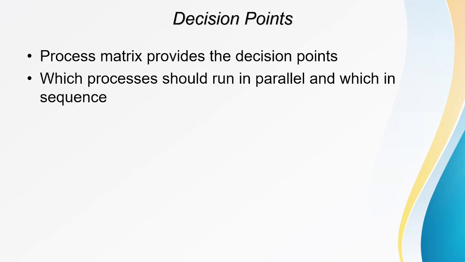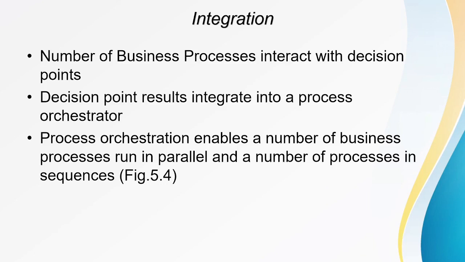We have many terms to remember, and then we have the decision points. The process matrix provides the decision points, deciding which processes should run in parallel and which in sequence.